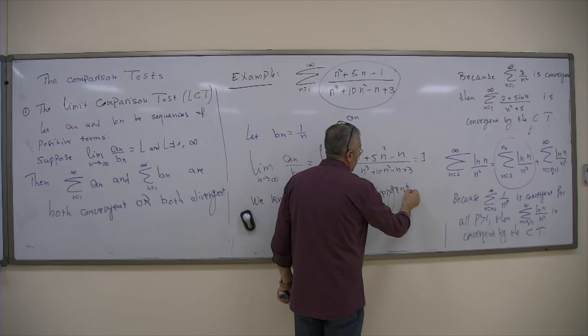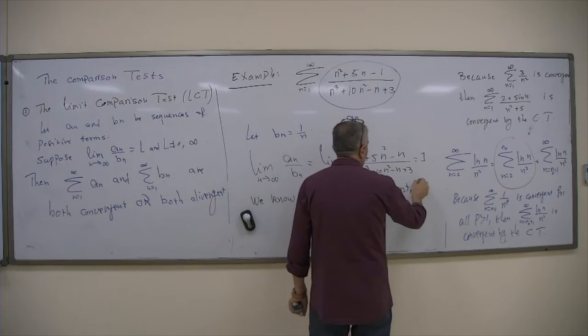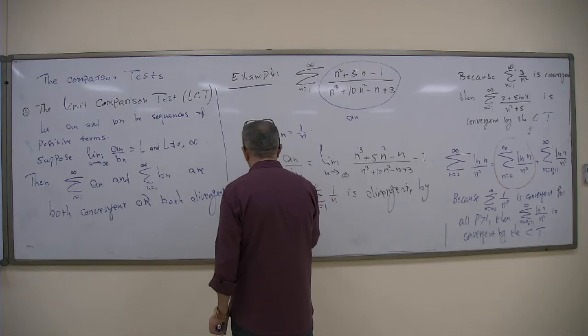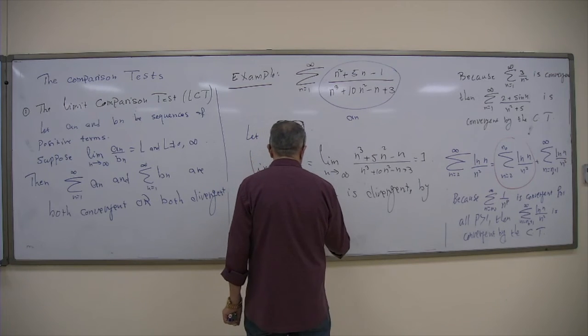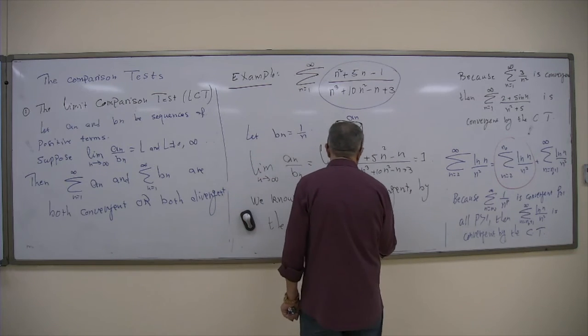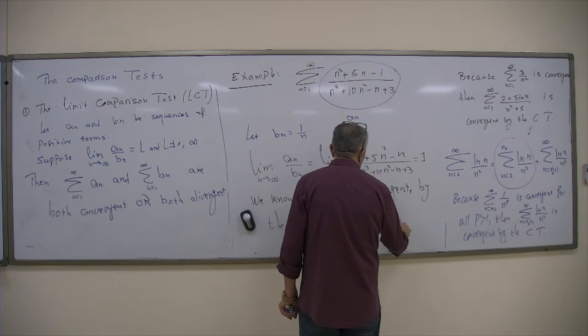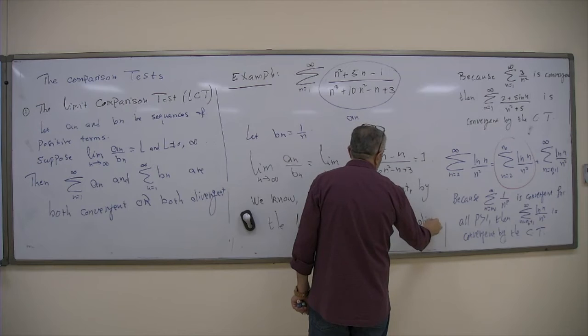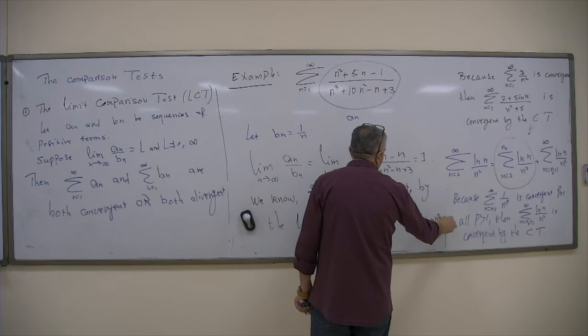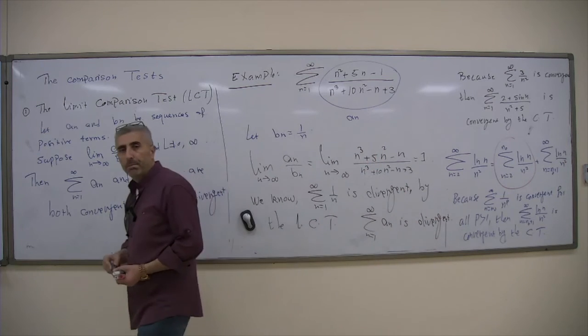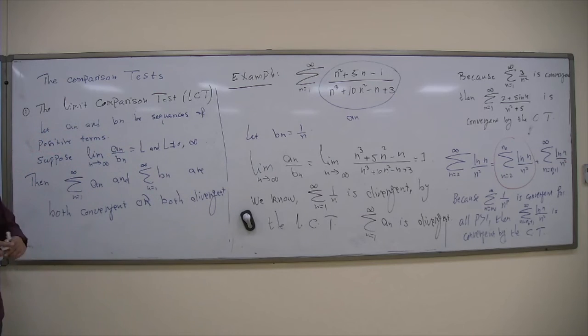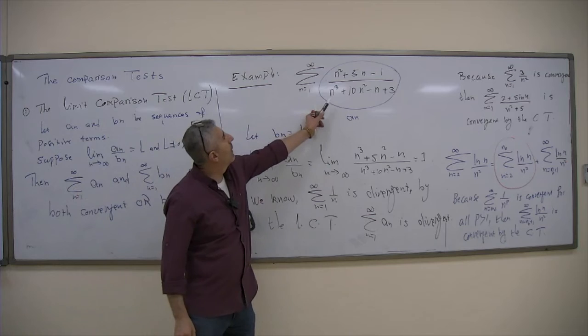So, by the limit comparison test, summation a_n from n equals 1 to infinity is divergent. Okay? So this series is divergent.